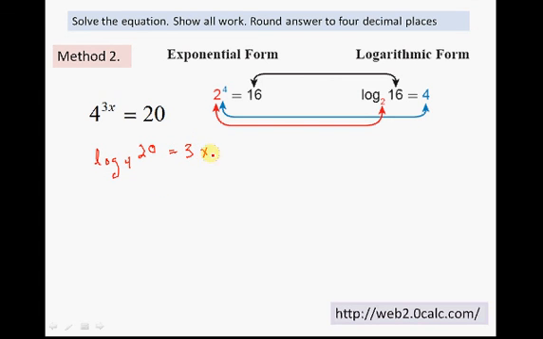Okay, so we have that, and look at that. The x is almost by itself. All we need to do is divide by 3. We'll divide by 3, and we get log base 4 of 20 divided by 3 equals x. So now let's go into our handy dandy calculator and see what we come up with.